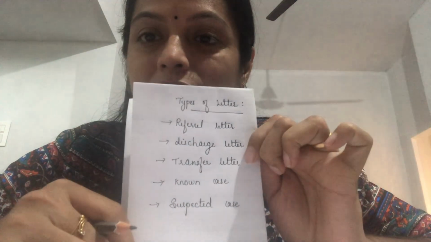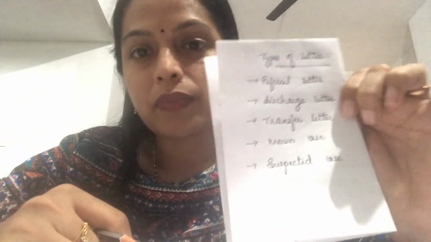Next is the suspected case. Suspected case means during hospitalization they have done some investigations and given treatment, but they have not yet confirmed the diagnosis. Still it is in question mark. So that is the suspected case. So this much is about the types of letter we can see in OET writing.